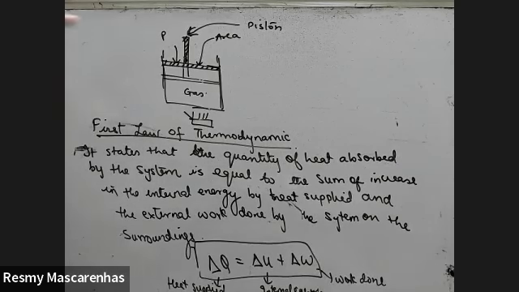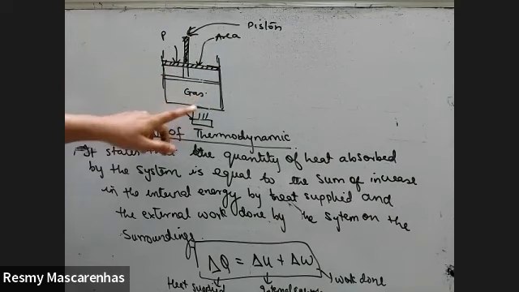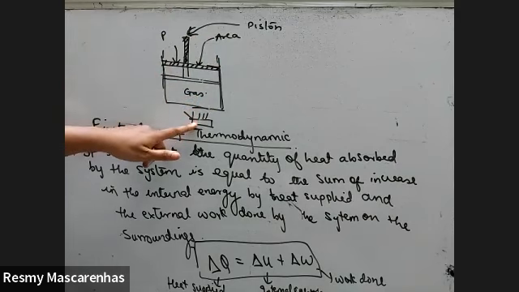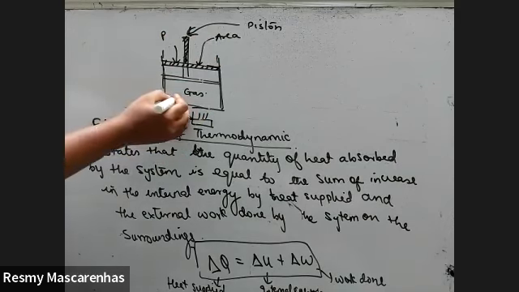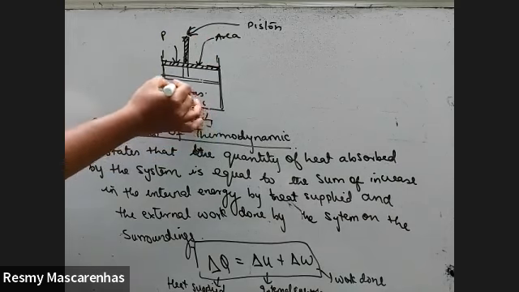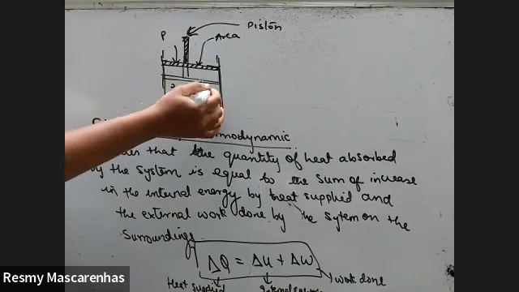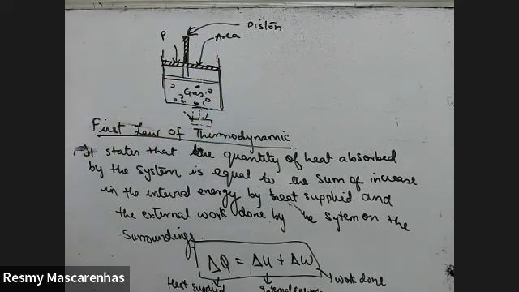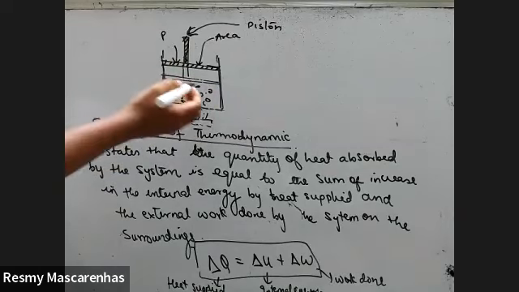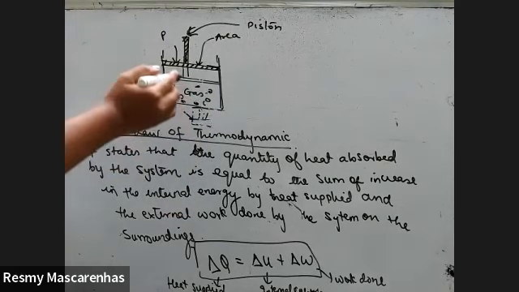So the total heat supplied to this particular gas, the system being the gas here, can be done in two ways. One is by applying some heat, and then these molecules will gain this heat and transfer it to each other, and then their internal energy will increase. Every molecule has its own energy due to its movement, kinetic energy, plus internal potential energy due to the intermolecular forces.